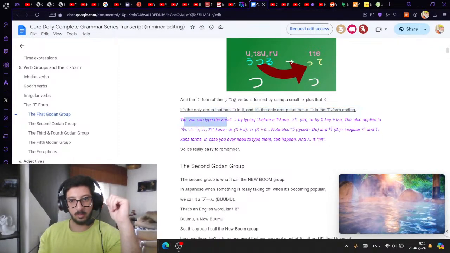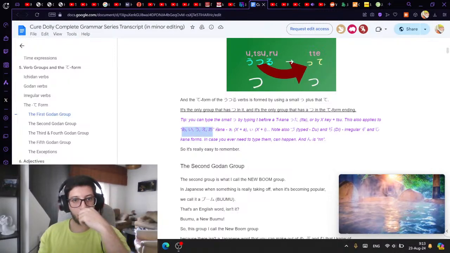You can type the small tsu by typing t before a t kana, ta, or by the x key plus tsu. This also applies to a, i, u, e, o kana.